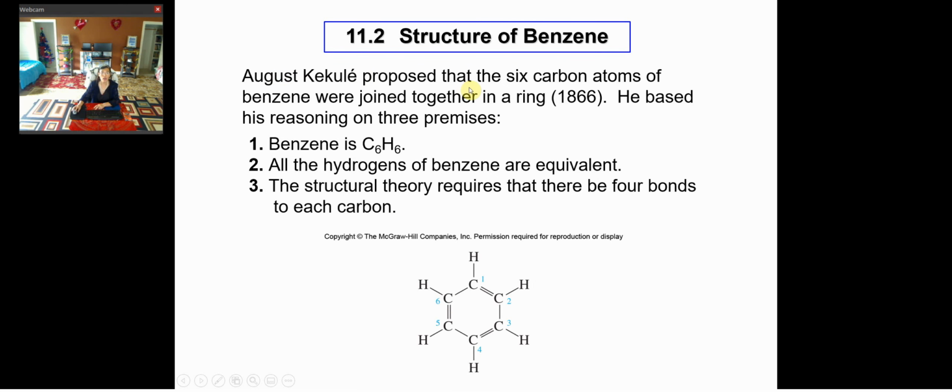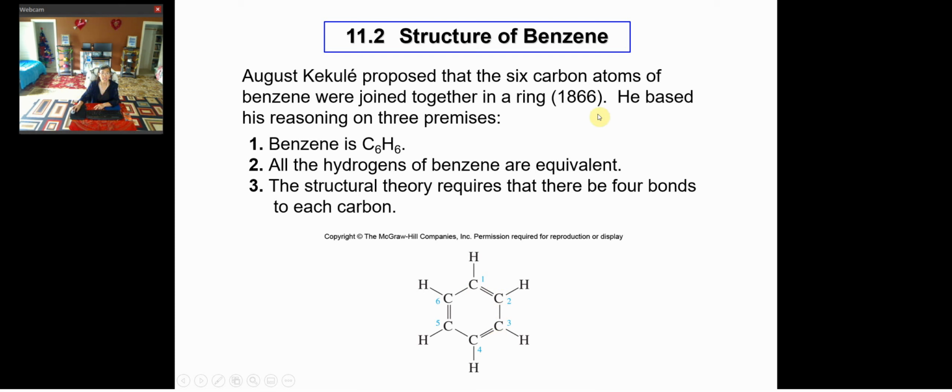The structure of benzene is very special. August Kekulé proposed that the 6 carbon atoms of benzene are joined together in a ring in 1866. So he drew this structure, with carbons 1, 2, 3, 4, 5, 6 connecting to each other in a ring.